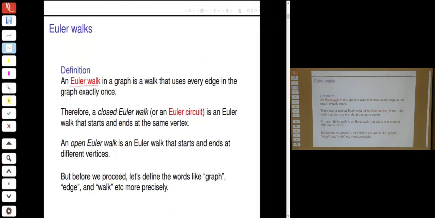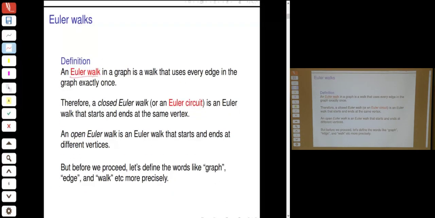An Euler walk on a graph is a walk. A walk means a path which traverses the edges of the graph. So, an Euler walk on a graph is a walk that uses every edge in the graph exactly once.